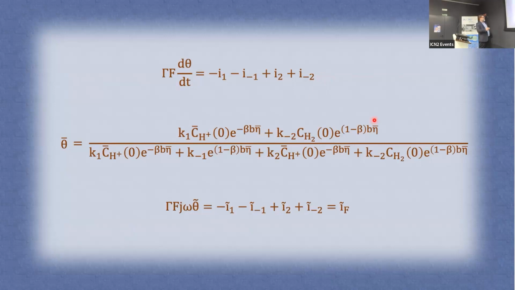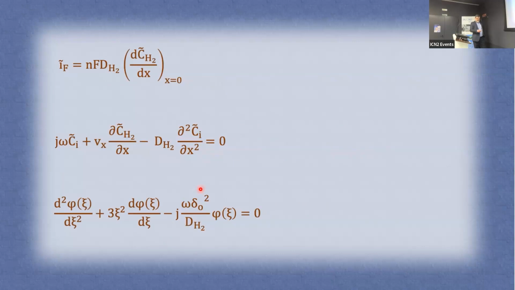In this case, it is necessary to investigate the surface coverage degree as a function of time and frequency. Finally, it is necessary to obtain the analytic solution for the oscillatory hydrogen concentration at the surface.